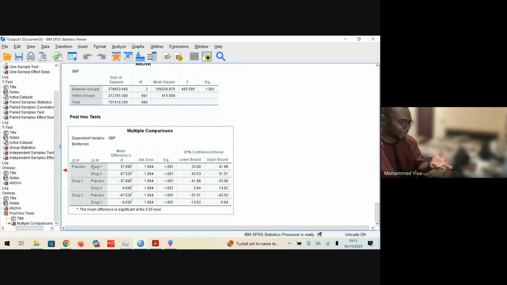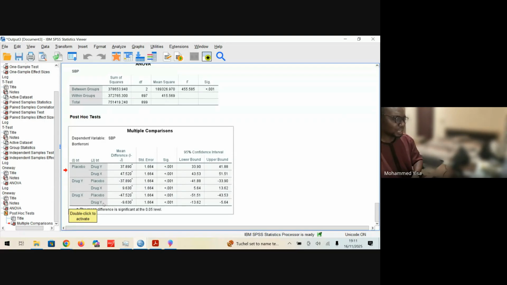Of course, it makes sense because it's a clinical trial, you are comparing what happens when you do something compared to placebo. Maybe drug Y is your current treatment, drug X is your new medication. So if you want to compare drug X and drug Y also, you come to this place, and you look at drug X. If you subtract drug Y from drug X, you have a negative value.